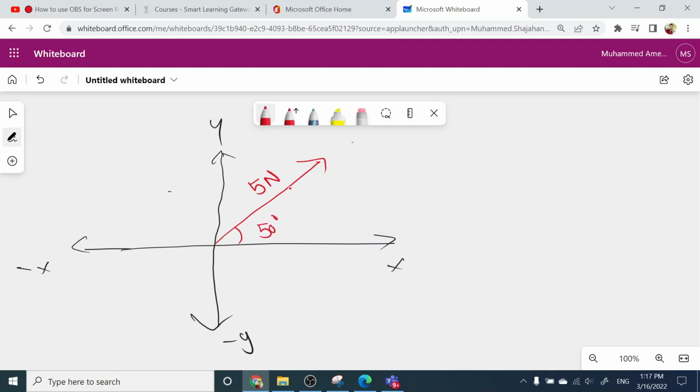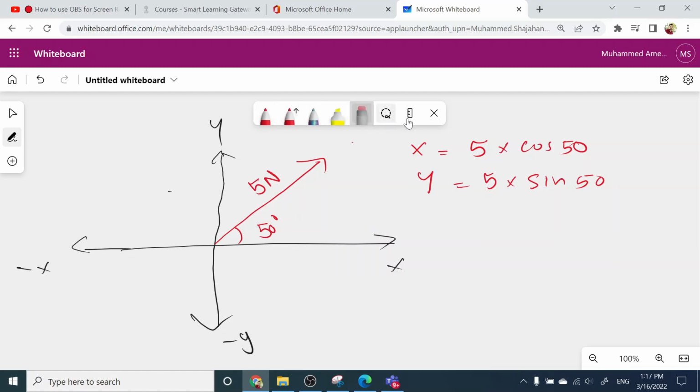So we can divide this vector into two components, component along the x-axis and component along the y-axis. The x component is equal to 5 multiplied by cos 50, and its y component is equal to 5 multiplied by sin 50.